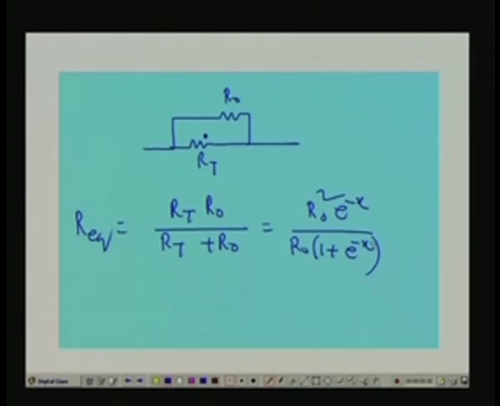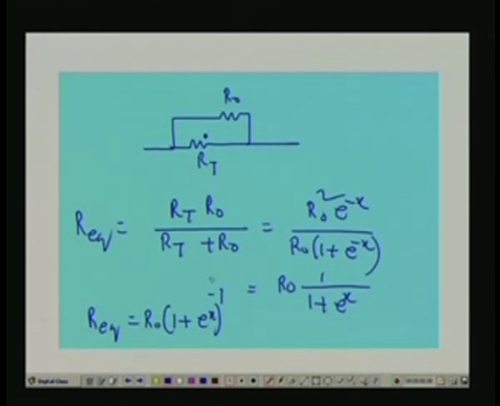This I can write as R naught upon one plus e to the power x, right? Clear. So, R equivalent equals R naught times 1 plus e to the power x to the power minus 1, right.